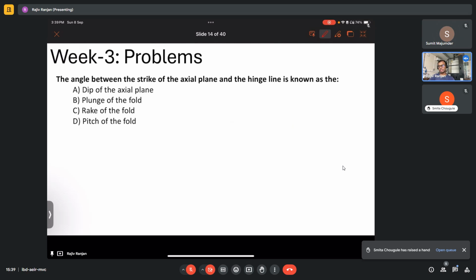Okay, let's move to the next question. The angle between the strike of the axial plane and the hinge line is known as... Please elaborate on this, I am weak on this fundamental. I understand, I just want you to think a little bit. Here it's asking the angle between the strike.